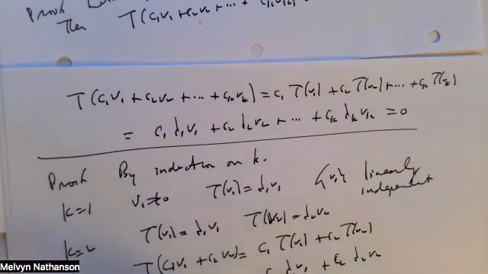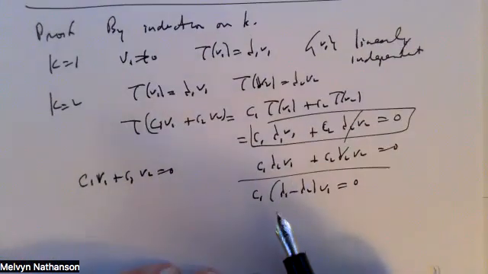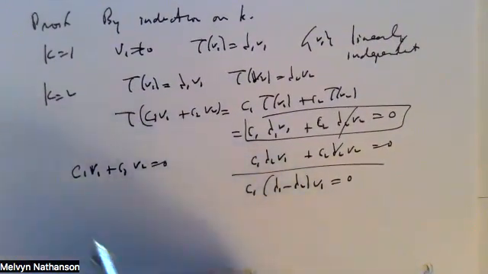And suppose c1v1 plus c2v2 is 0, then T of the 0 vector is 0. So we have this identity. Let me multiply this by lambda 2. I get c1 lambda 2 v1 plus c2 lambda 2 v2 is 0. And if I subtract, these cancel, and I get c1 times lambda 1 minus lambda 2 times v1 is 0. So this is the 0 vector.